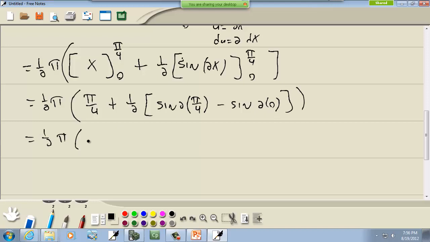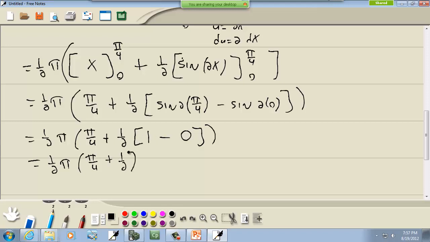This is 2 pi over 4 or pi over 2, and sine is equal to 1 there, minus 2 times 0 is 0, sine of 0 is 0. So we got 1/2 pi times pi over 4. 1 minus 0 is 1 times half is half.